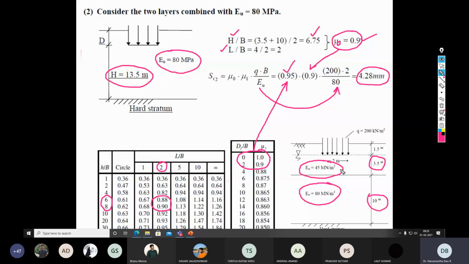But we assumed 80 megapascals. So, therefore, in a third step, I will assume only 3.5 meter, but assume EU of 80 megapascals, so that from the summation of case 1 and case 2, I can deduct the elastic settlement of case 3.